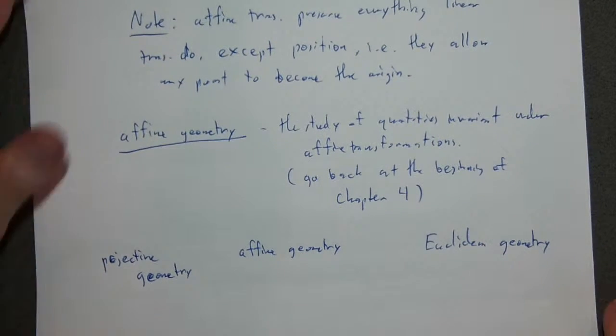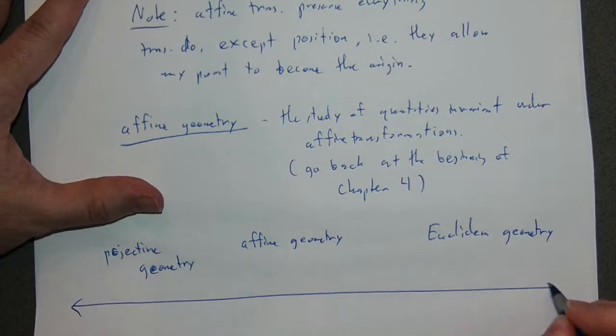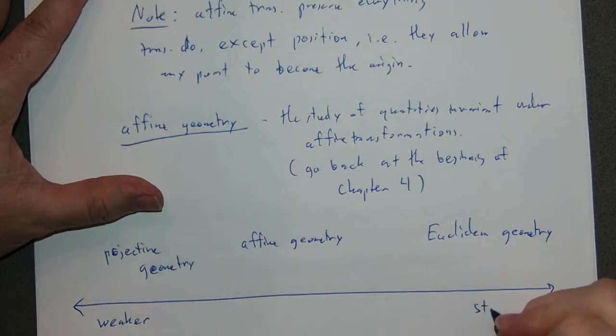Okay, and so what do I mean here? So these things kind of exist on a scale where here the notions are weaker and here the notions are stricter.